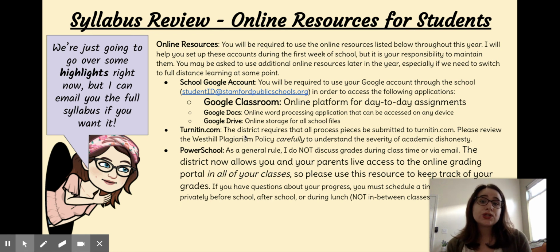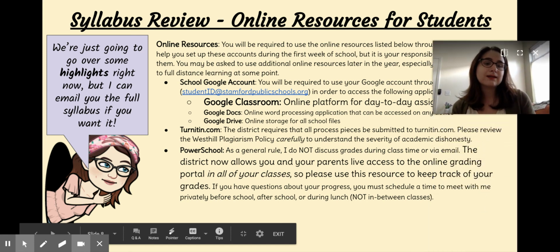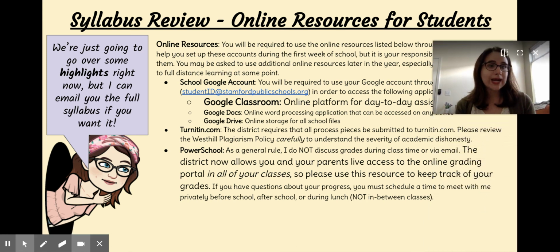They also will need to use turnitin.com, which is a plagiarism detector, and we only really use that for essays and projects. PowerSchool is a great resource for students as well because it allows them to keep track of their grades and figure out if there's something that they need to talk about or clarify.